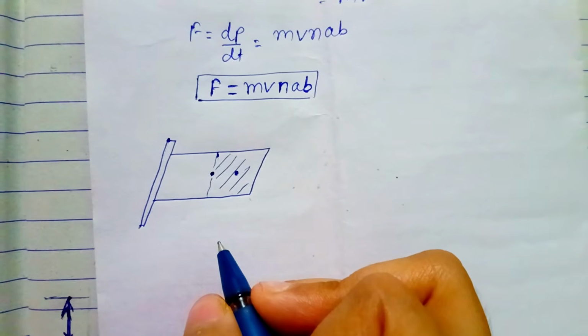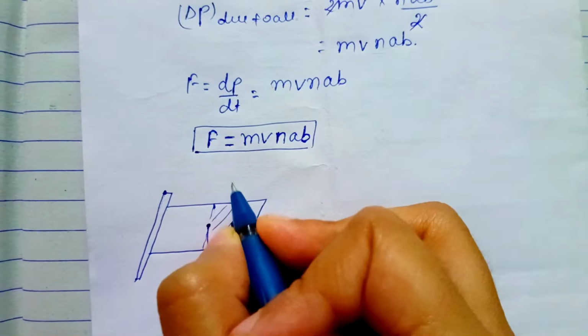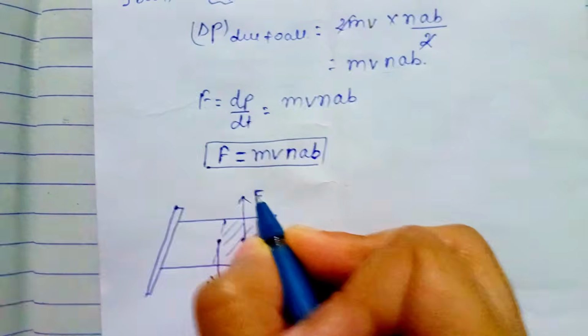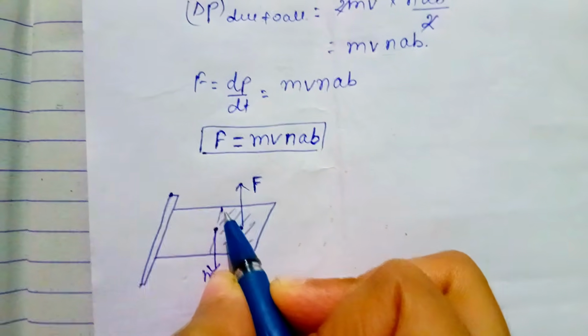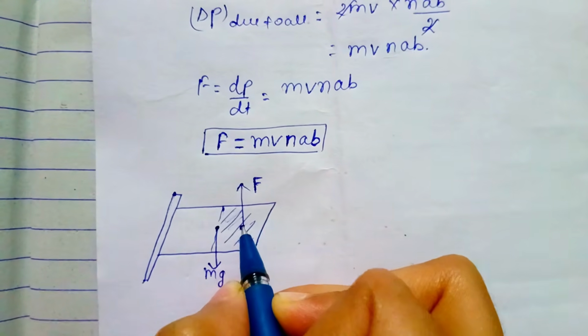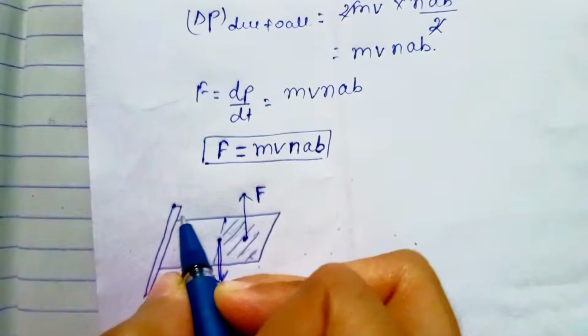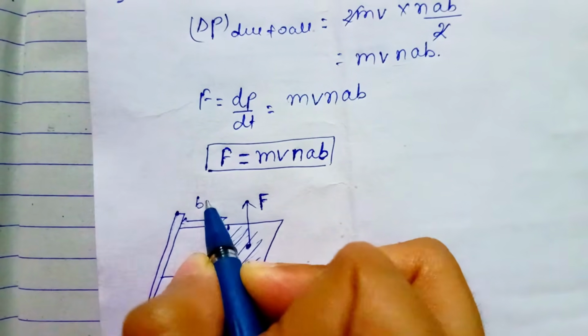Now if you try to understand the situation here, we have mg acting here, and this is being balanced by some F force. This F will be applied on the center of mass of the shaded region, and mg will be applied on the center of mass of the rectangular plate. The distance of mg from the hinge is b by 2.